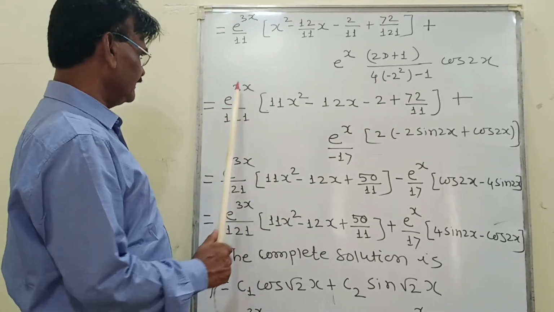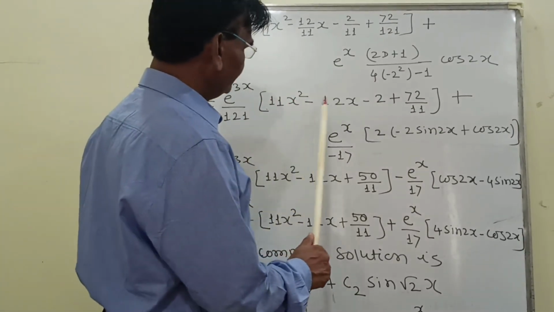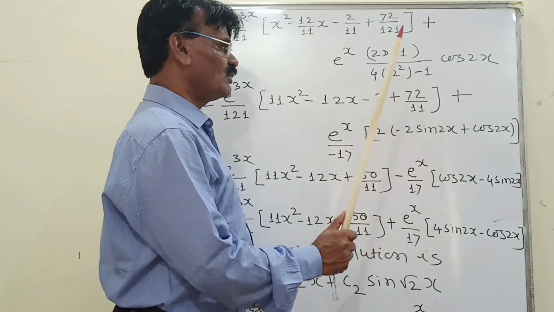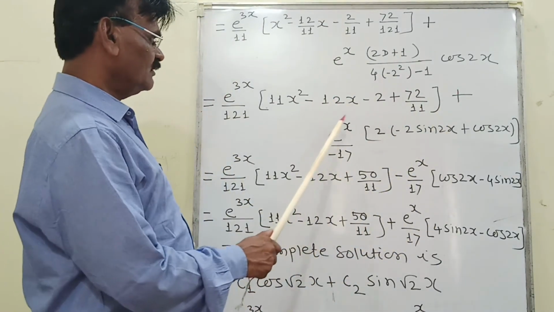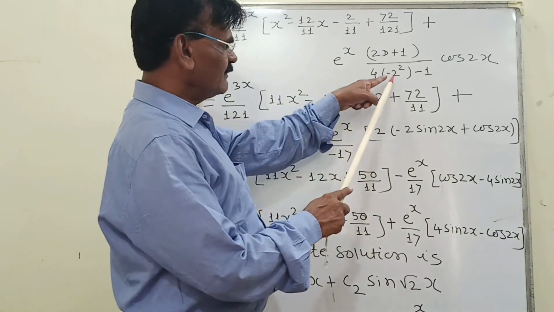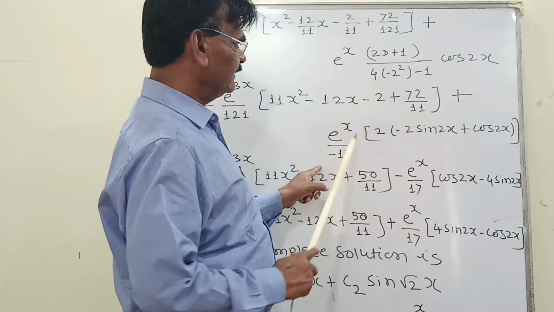So e^(3x)/121 (11x² − 12x − 2 + 72/11) plus e^x/(−17), because −4 into 4 is −16 and −16 − 1 is −17.